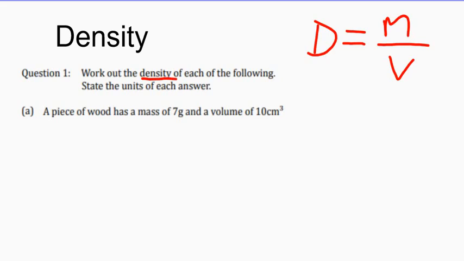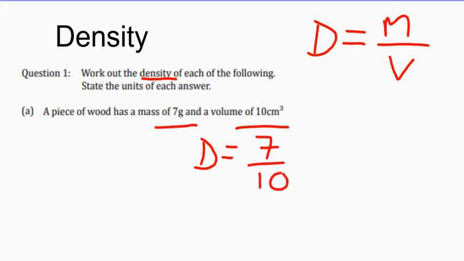A piece of wood, so we've got the mass and the volume. So the density will equal mass over volume. It's going to be 7 over 10. Use your calculator if you wish. That's 0.7, and that will be grams per centimetre cubed.